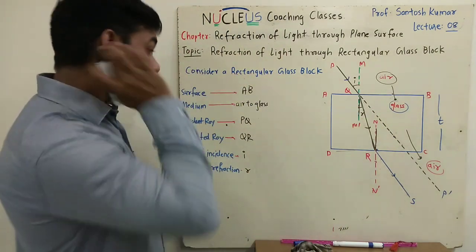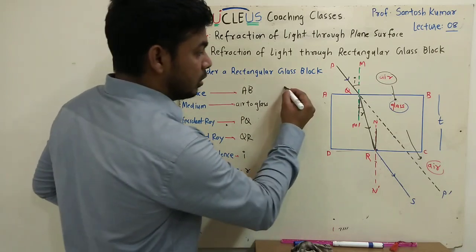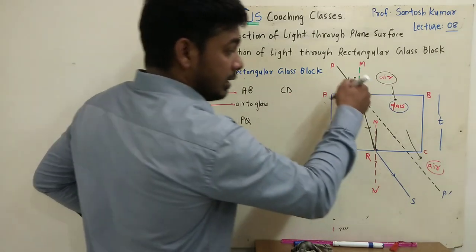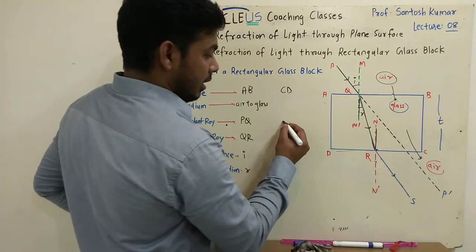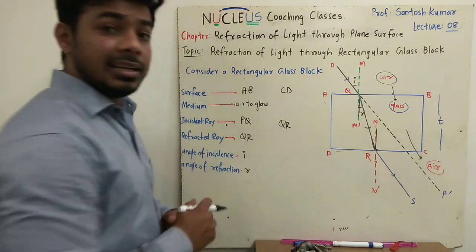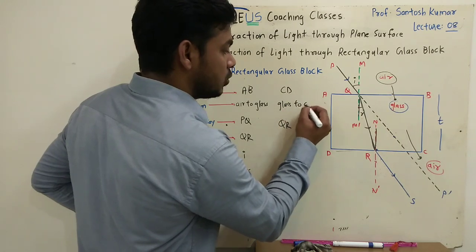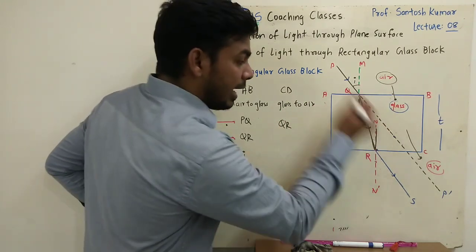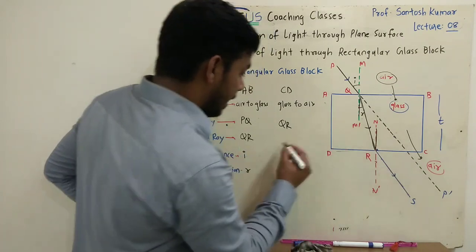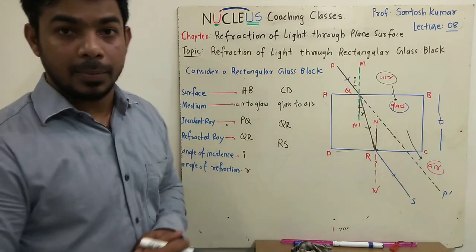Right? So for the refraction taking place on the surface CD, this QR will act as the incident ray and the ray is traveling from glass to air. So QR being the incident ray, RS will become the refracted ray.